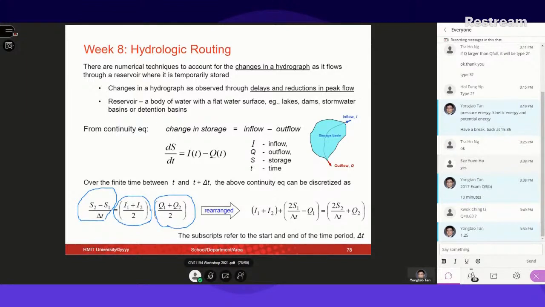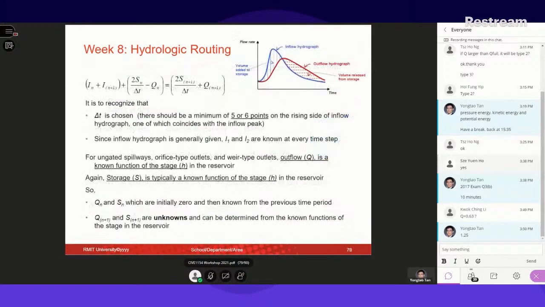So we need a second equation. In this equation, the left side is known, but the right side is unknown, and there are two variables, S2 and Q2. So we need another equation.